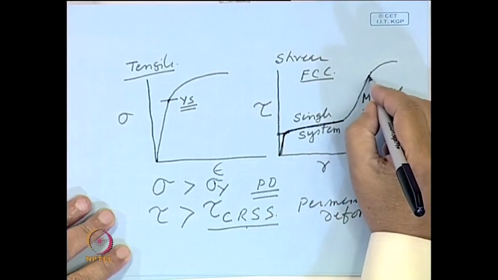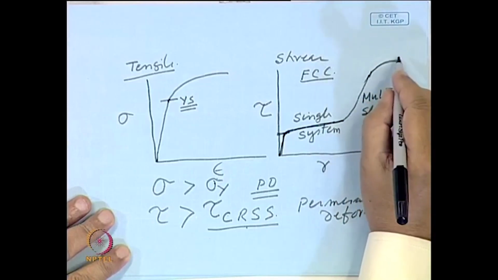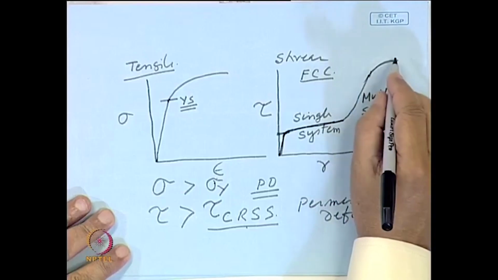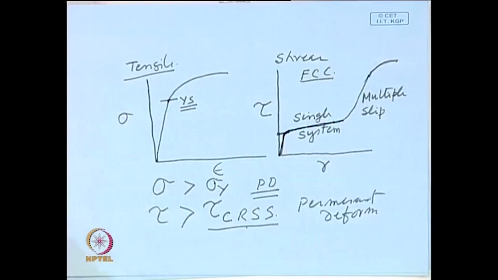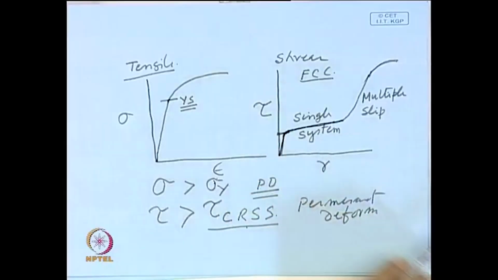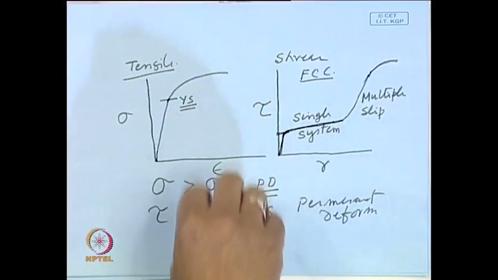And there is again some amount of softening, which says some additional slip planes become operative. So, we will look at these in a little more detail, and this is where you need to recapitulate the stereographic projection, because this kind of stress versus strain plot will be a strong function of crystal orientation.